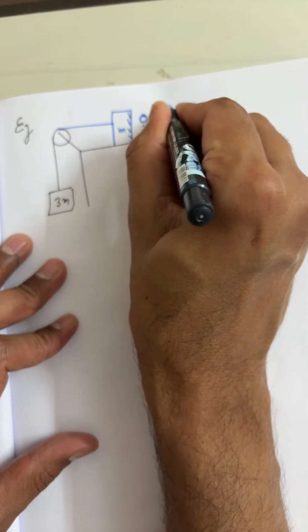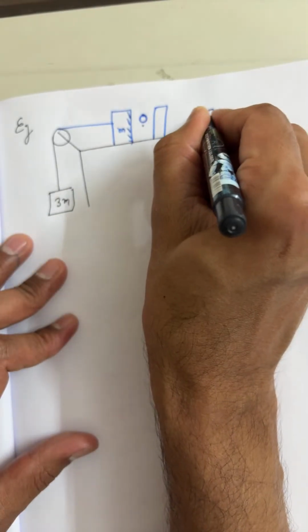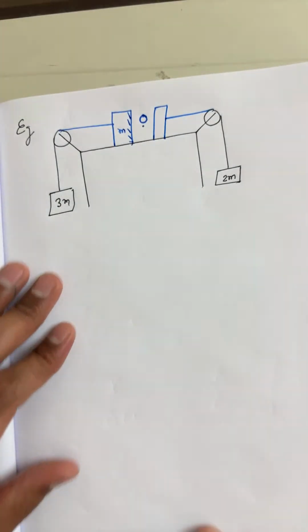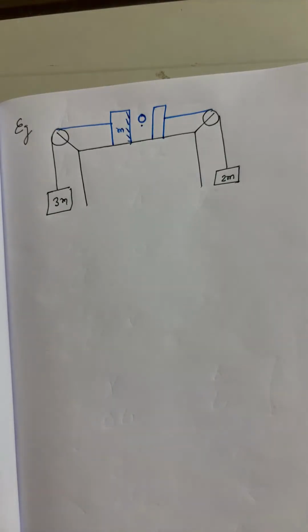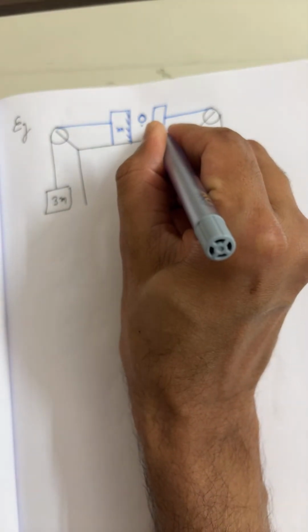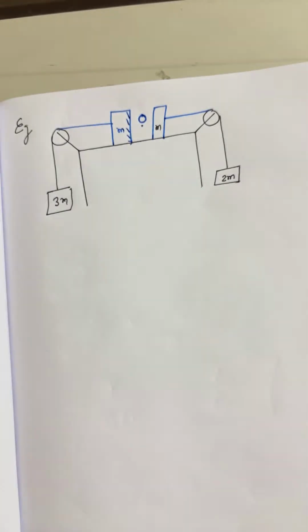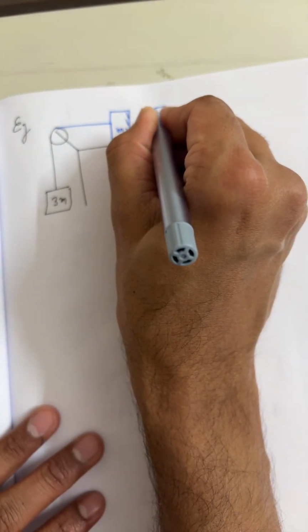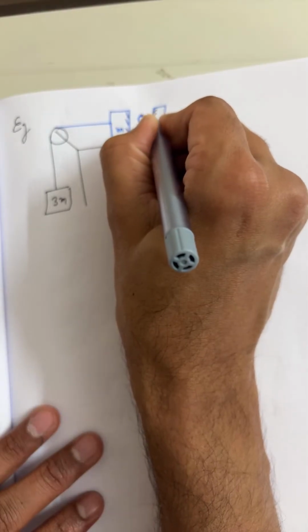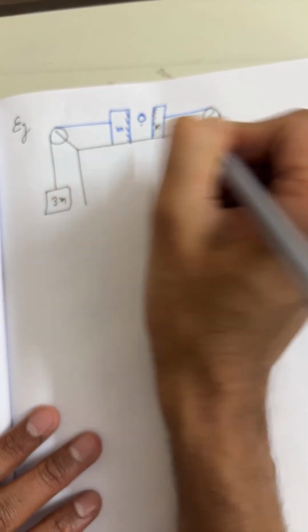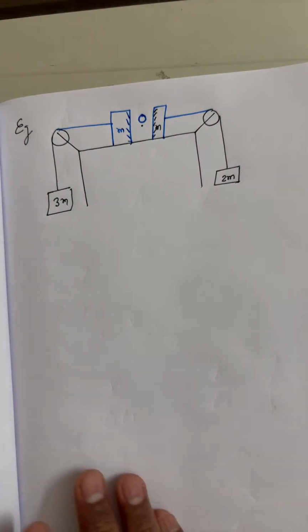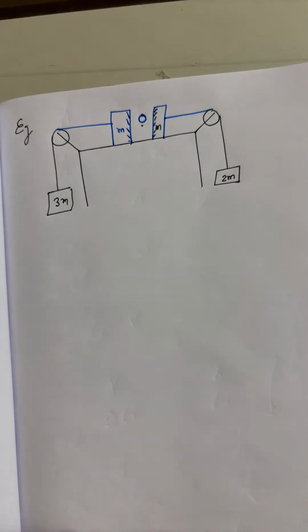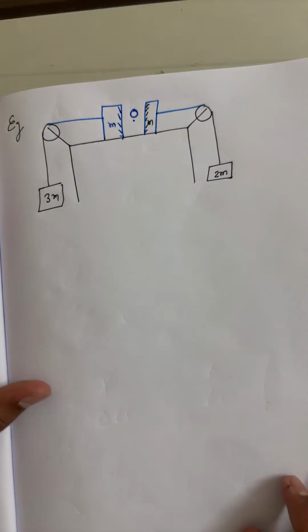Now, students, this is the condition of the body. You can take M as the mass of this block. Again, take into consideration that the mirror is polished from the inner side. So what do we have to find?